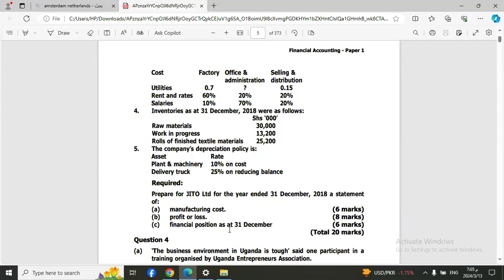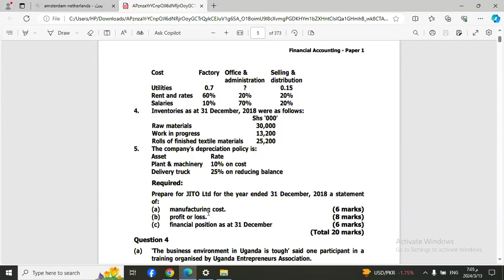How do I look for the prime cost? I look for my materials, I add my labor. In case there is any direct cost other than labor and material, I add it. At the end, I will get the sum of all, which will be my prime cost.